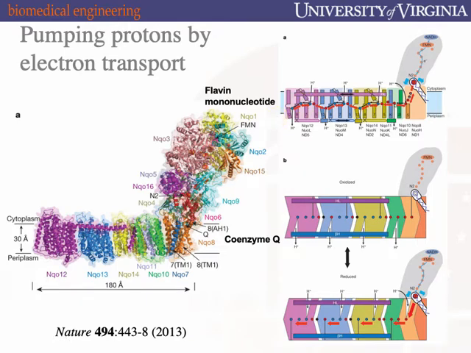As the electrons make their way through complex 1, all of the subunits in the complex are changing their conformations. Depending upon the exact position of the electrons in the complex, we should probably start here.